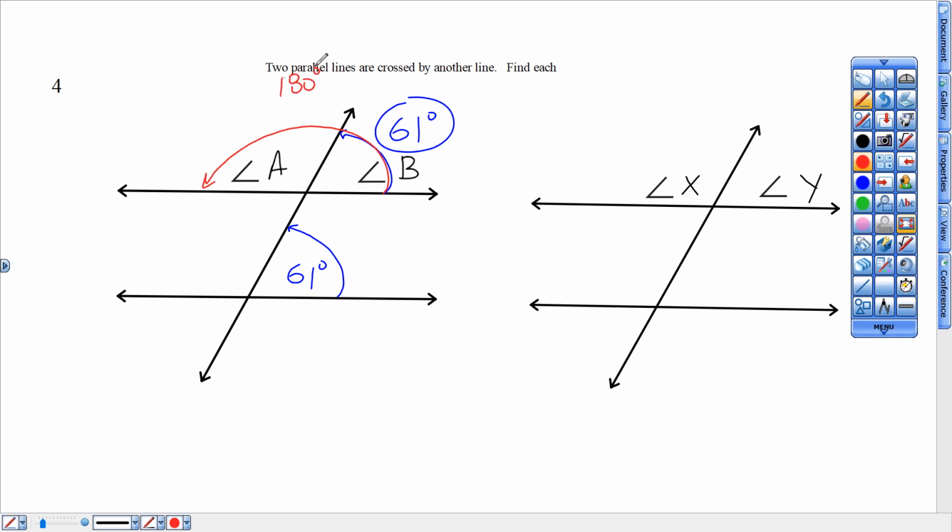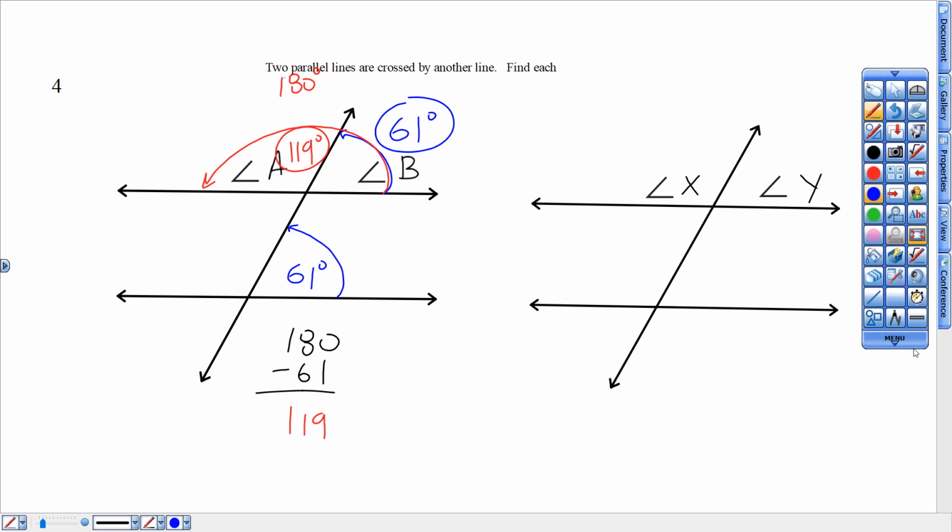So if I take 180, subtract that 61, that will give me what that missing angle would have to be, which is 119. Has to be 119 degrees right there, because that and 61 plus up to give me 180.